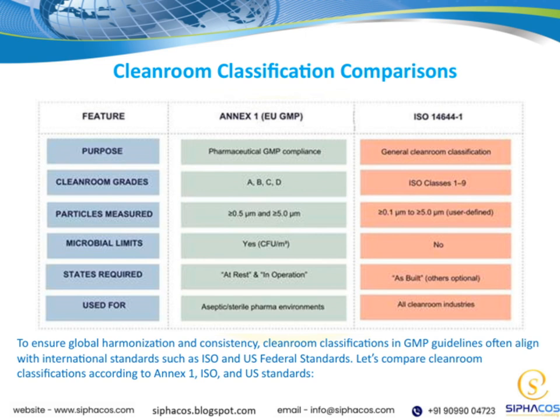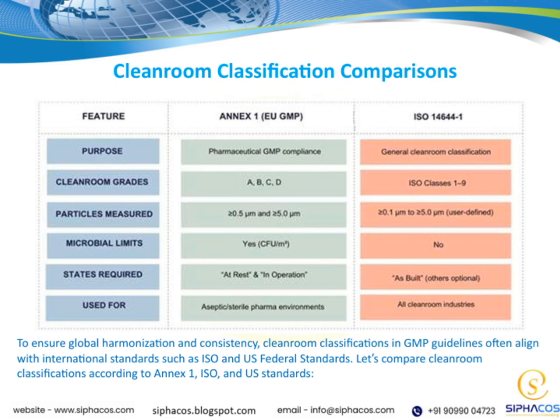Now, on this slide, we're comparing cleanroom classifications according to Annex 1 of the GMP, ISO standards, and US federal standards. The key point here is that, although the terminology and specific requirements might differ slightly, the overall approach is similar, focusing on controlling airborne particulates, microbial contamination, and particulate levels.